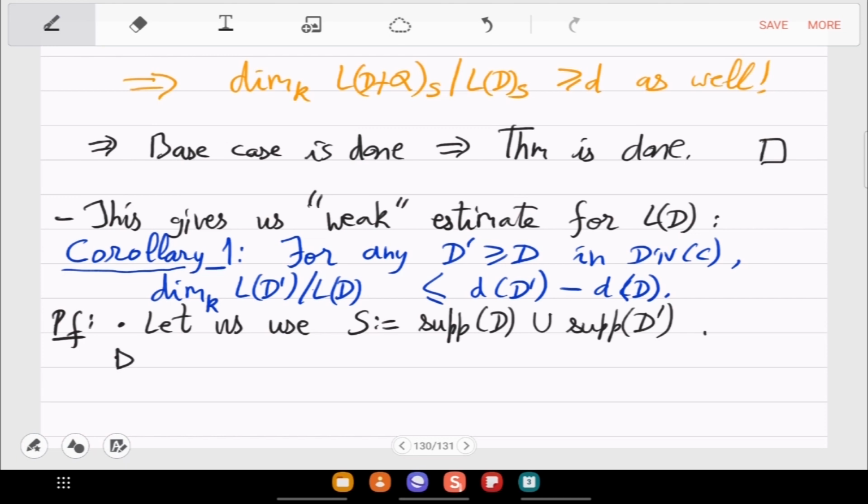So LD prime, well, you know that LD prime is a subgroup of LD prime S. You also know that LD is a subgroup of LDS.